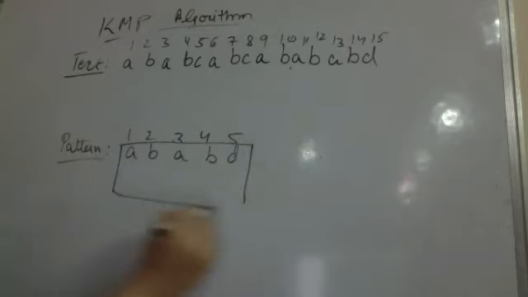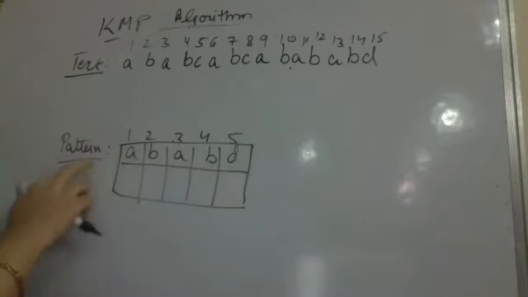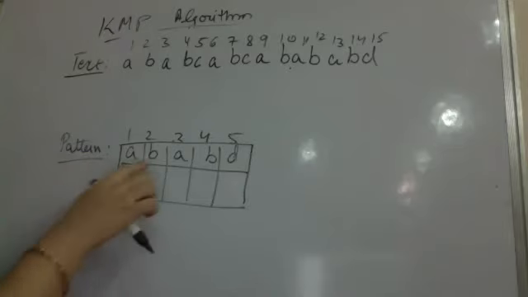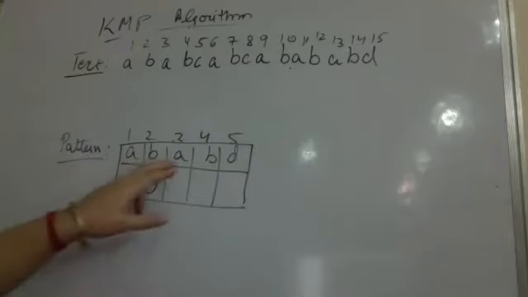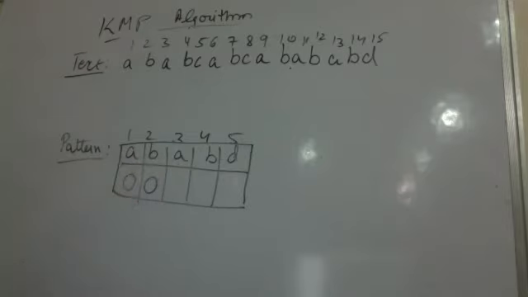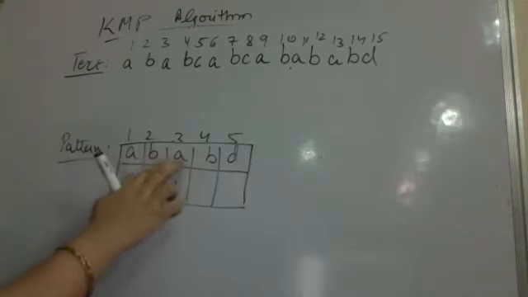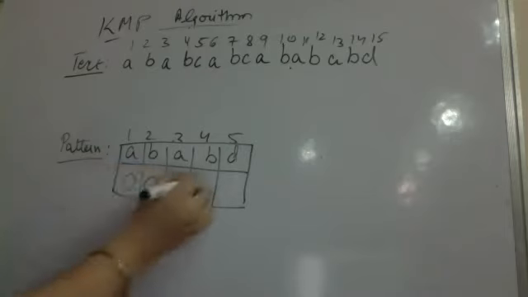When I'm constructing the prefix table for the pattern, again I use the same thing. Is A occurring earlier in the pattern? No, it is not, 0. B is occurring first time in the pattern, again of value 0. Now this A has occurred earlier, so the value becomes the index of that earlier occurrence. Then this B has also occurred after A earlier, so this becomes 2.